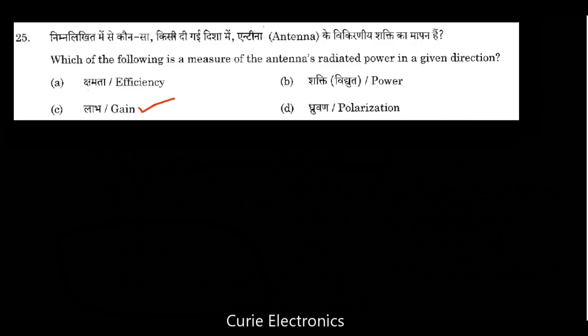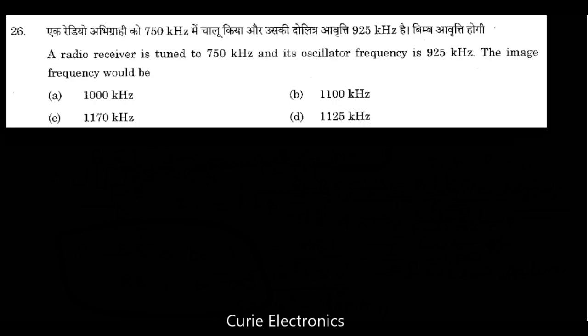A radio receiver is tuned to 750 kHz and its oscillator frequency is 925 kHz. The image frequency would be? First we have to find the intermediate frequency, IF. IF equals the local oscillator frequency minus the signal frequency, F oscillator minus F signal.